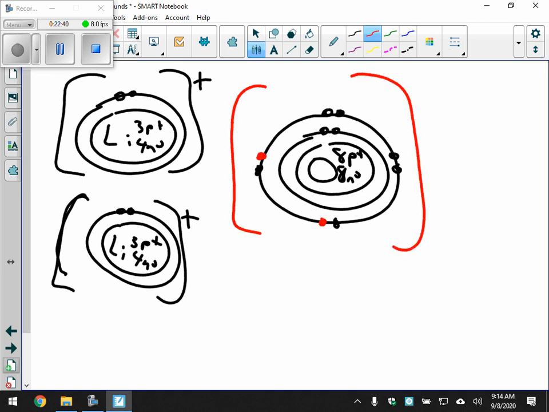And that becomes a 2 minus charge. And again, remember, lithium's a 1 plus, oxygen's a 2 minus. Overall, these are neutral, of course, when you put them all together. All right?